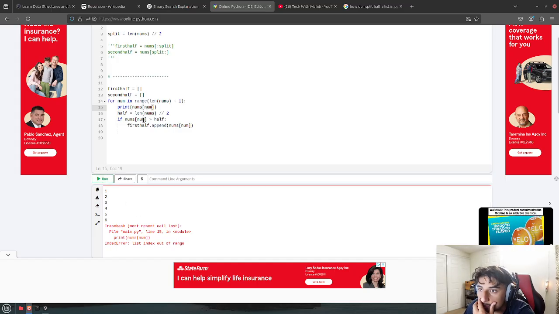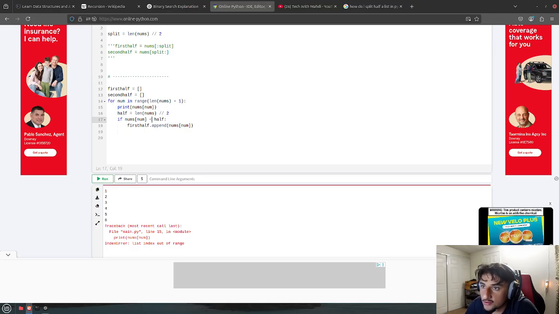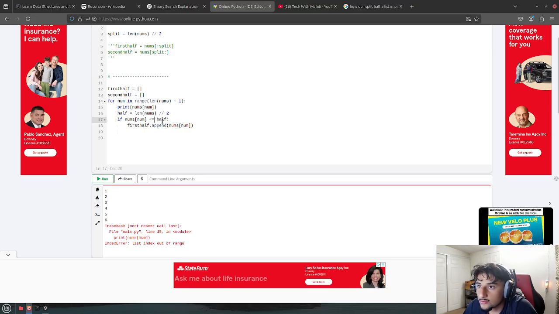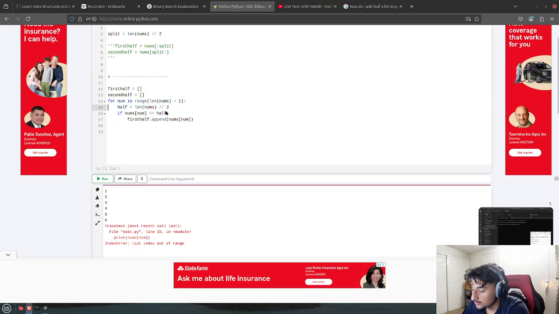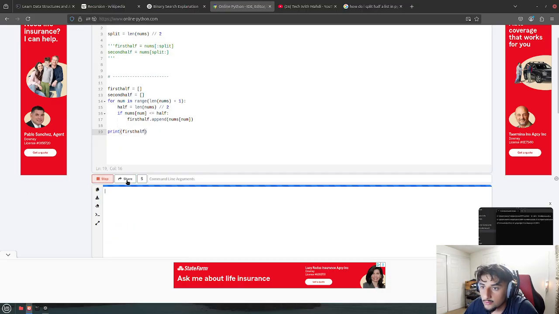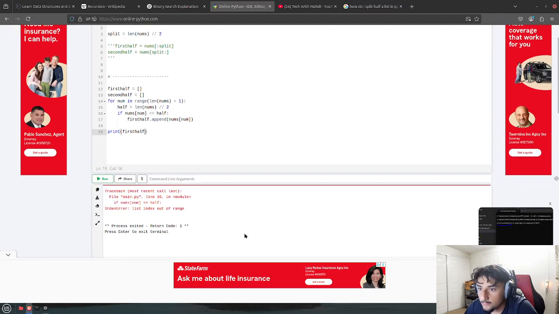It'll be 1. If 1 is greater than, no. If 1 is less than or equal to that, and then we print the first half. I don't understand.